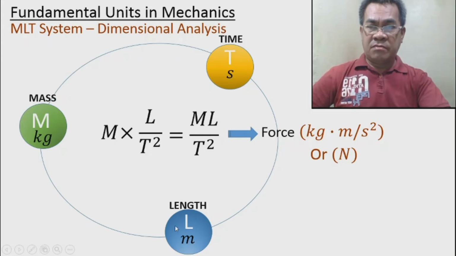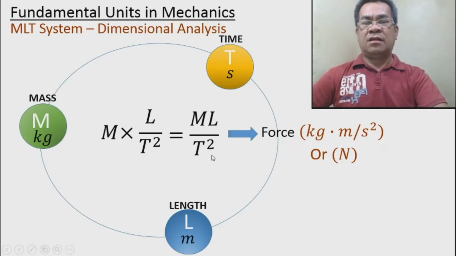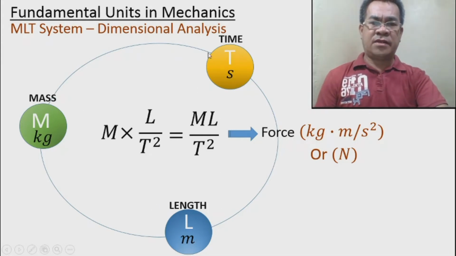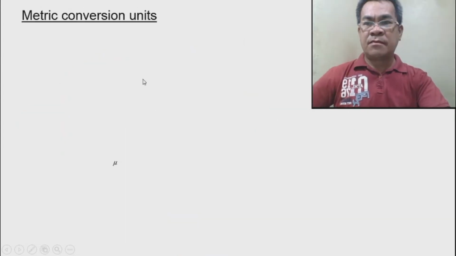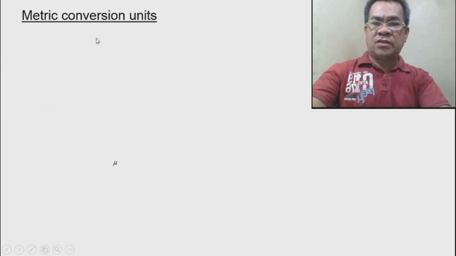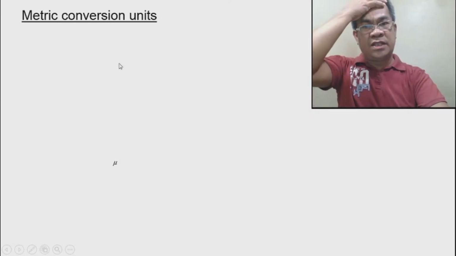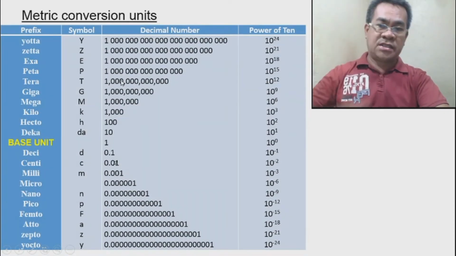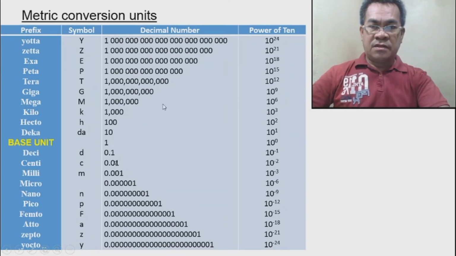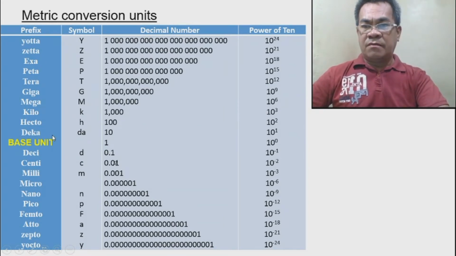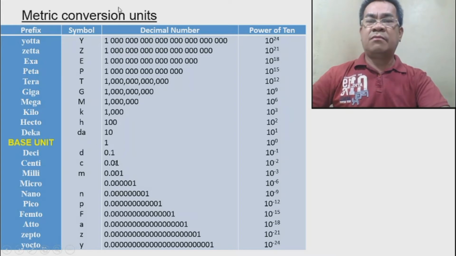So again, these are the basic or the fundamental units in mechanics. This is very useful. Okay, aside from that, we need to have the ability to convert. Now the SI uses the prefixes, so you have to review this one. If you are measuring a higher number, then go for this prefix.